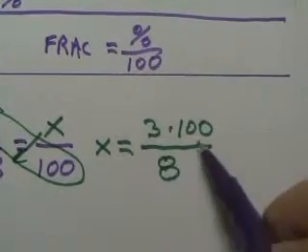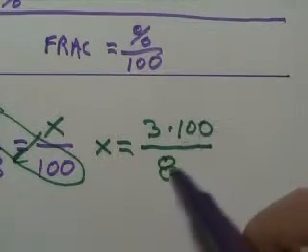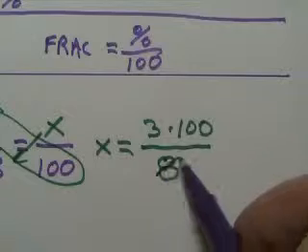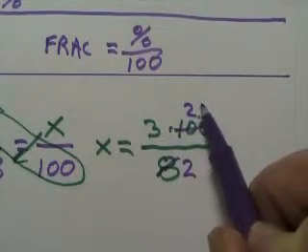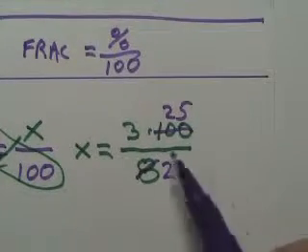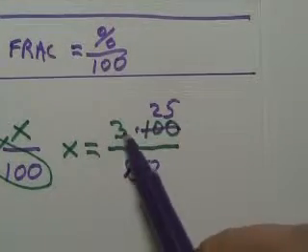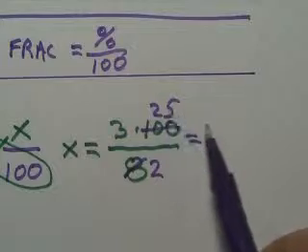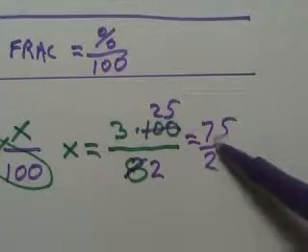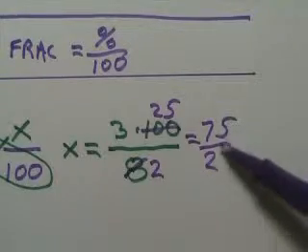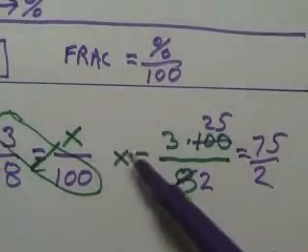Okay, so now let's see, what goes into 8 and 100? I know 2 does. How about 4? 4 goes into 8 twice. 4 goes into 100, 25 times. So 2 doesn't go into anything else. So now what I have is 3 times 25, that's 75, divided by 2. So half of 75 is my percent.